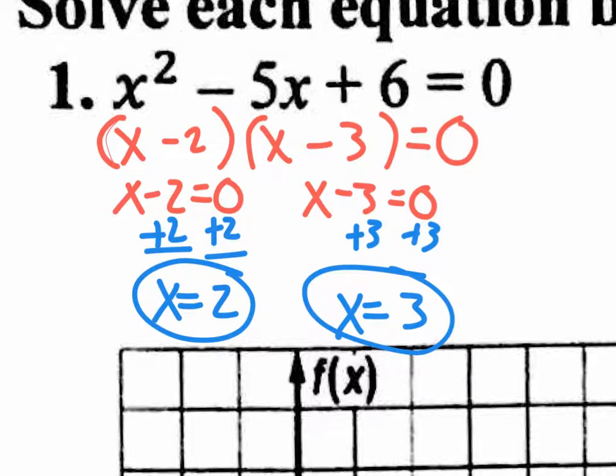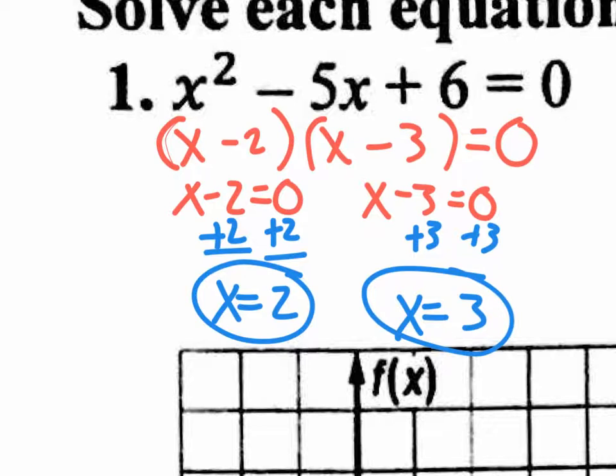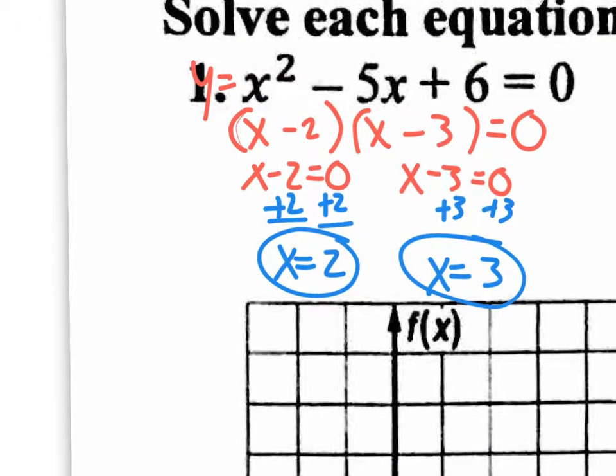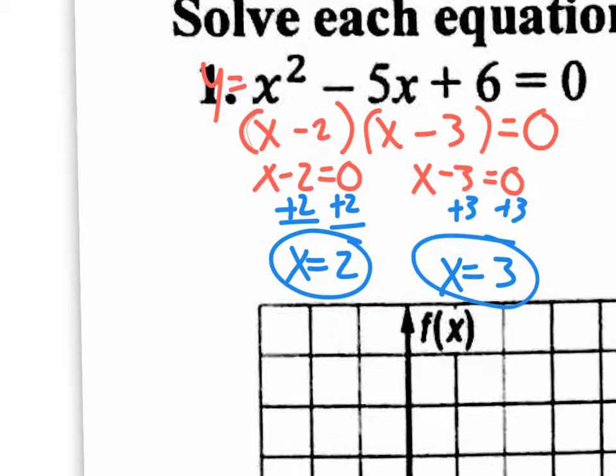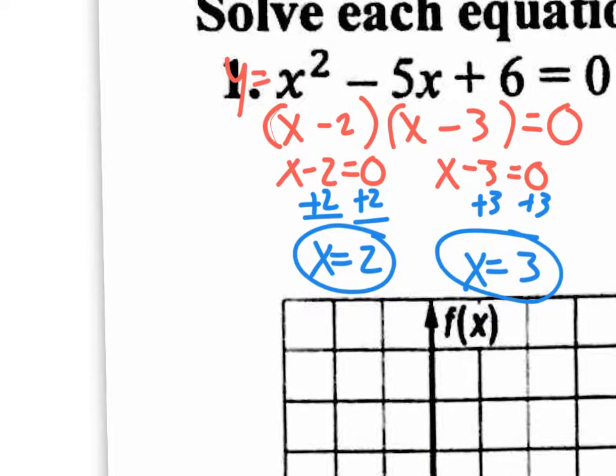Now, on this section, they don't want us to do this method. They want us to actually graph it. So they want you to kind of pretend that there's a y equals in front of this quadratic trinomial, and they want you to graph it by finding the vertex.